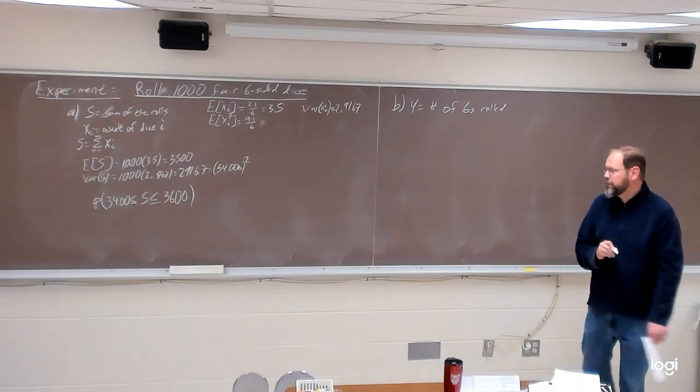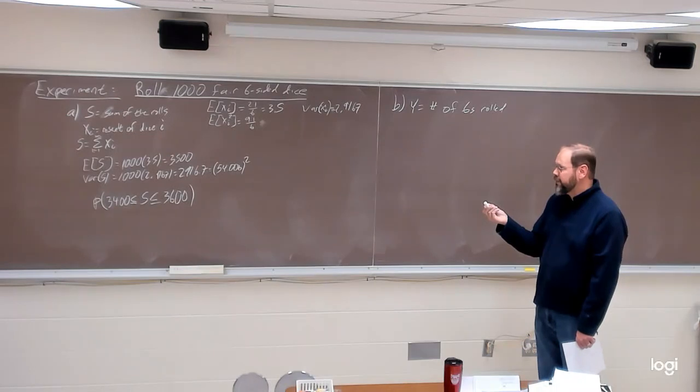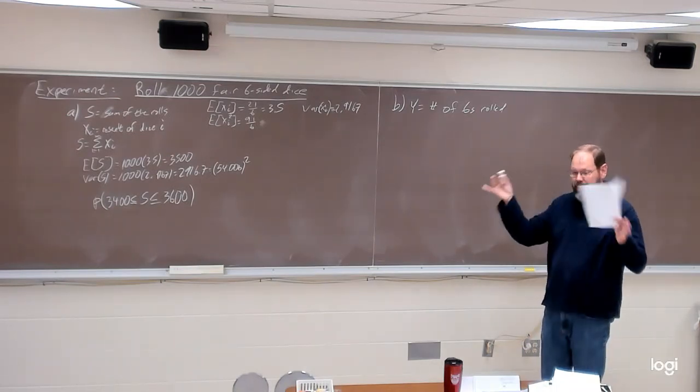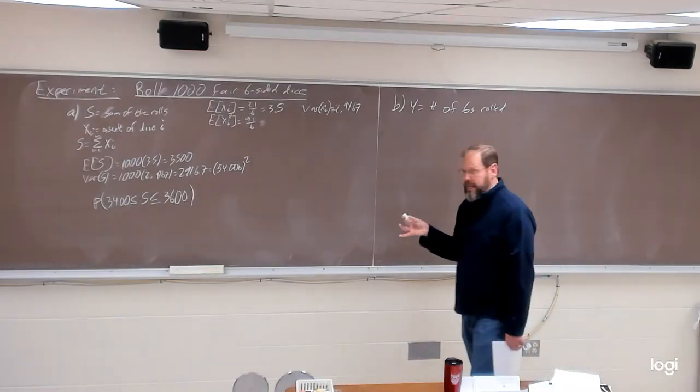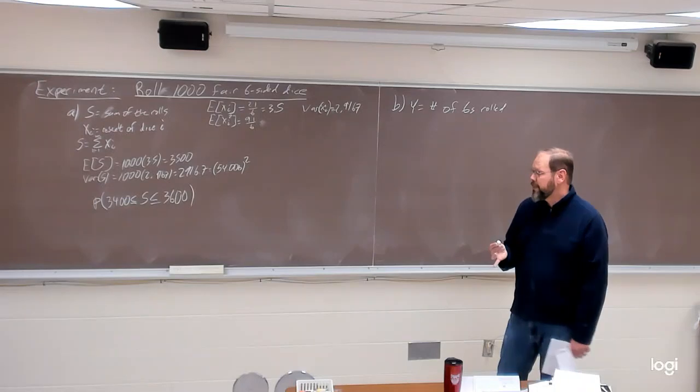Now, if I had to compute this from scratch, this is a tough question, because I have these 1,000 different dice that each have different types of rolls. I have this multinomial distribution, I suppose, where I'm summing the results, and that's not necessarily going to be an easy thing.